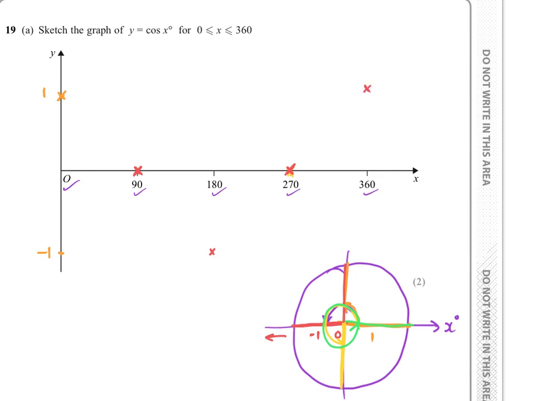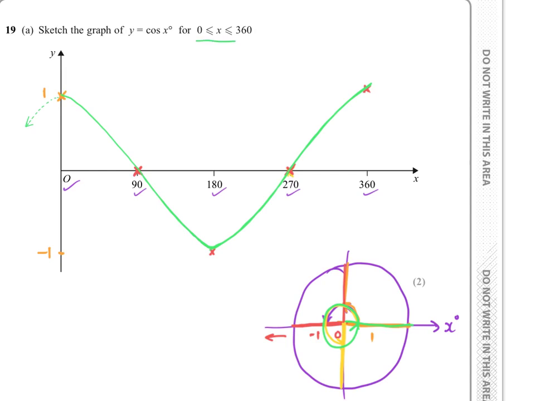So all we have to do is join these up carefully. So not a brilliant diagram there, but you get the idea. It's nice and curved, there's no sharp points, although it looks like there is a little bit here, but it shouldn't be. And the nice thing about cosine is it's purely symmetric around the y-axis, so that would just carry off in this direction here, even though we're not going to show that for this particular part of the question.